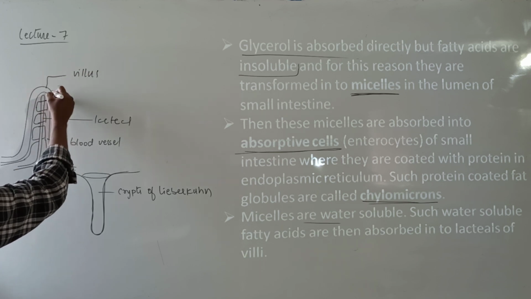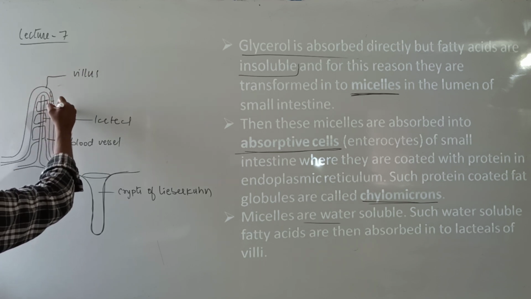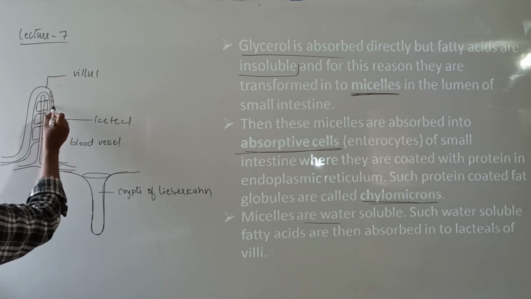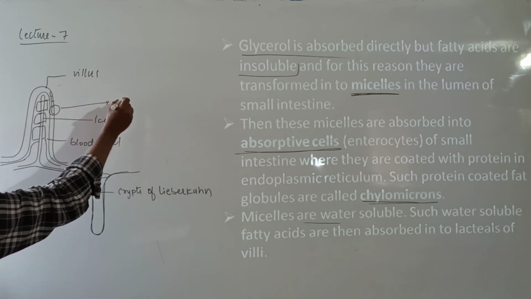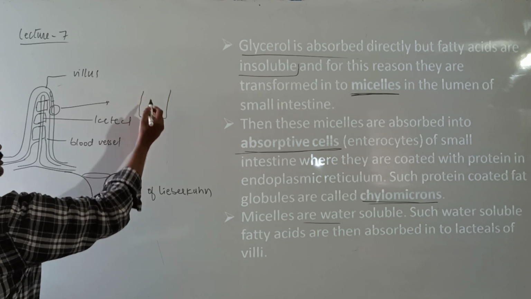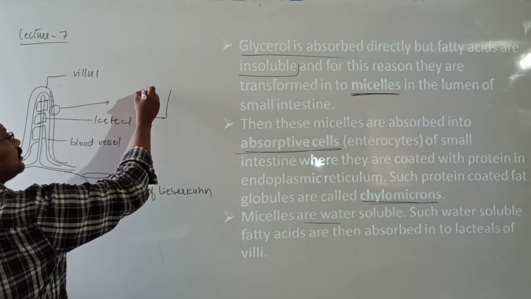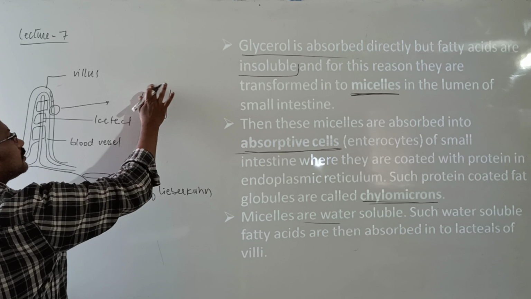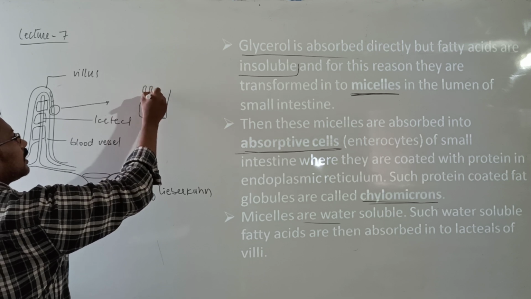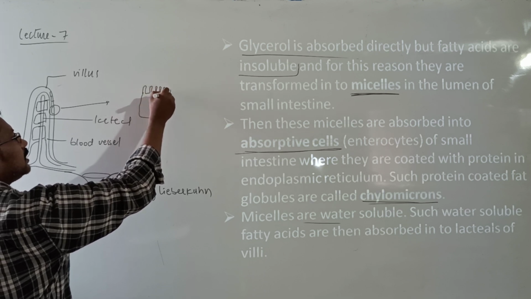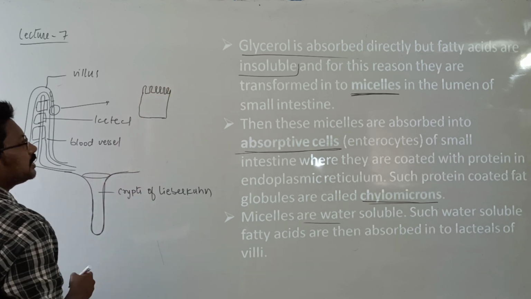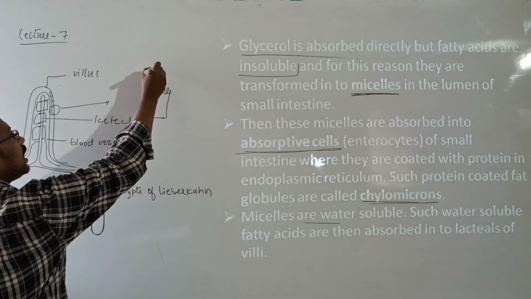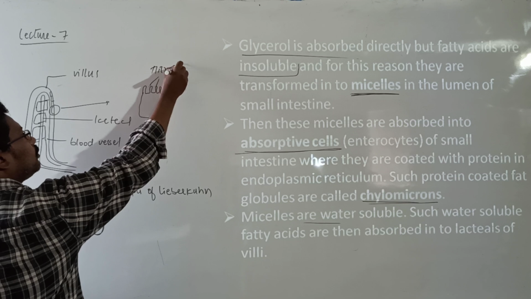You will find the cells lying here, and if you take one cell and see, this cell also shows projections. These are small cytoplasmic projections, and we call them microvilli.